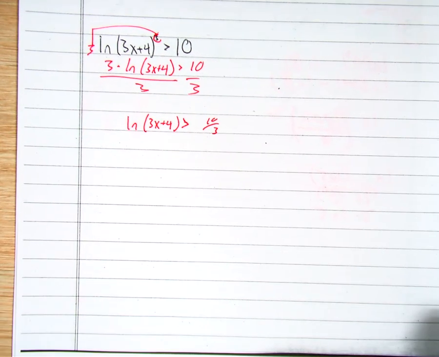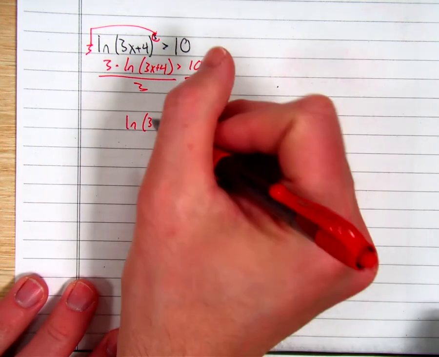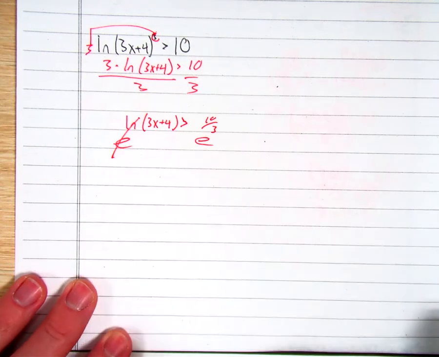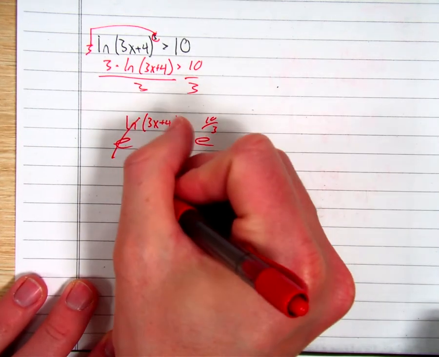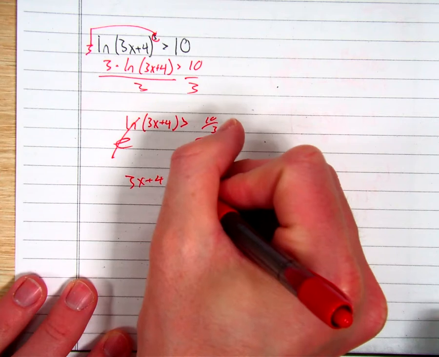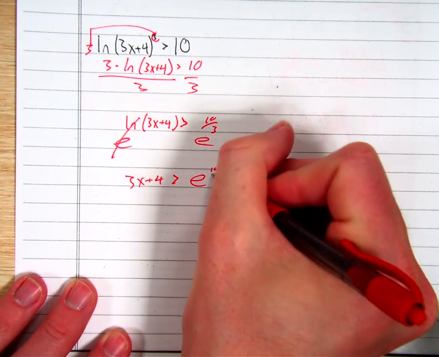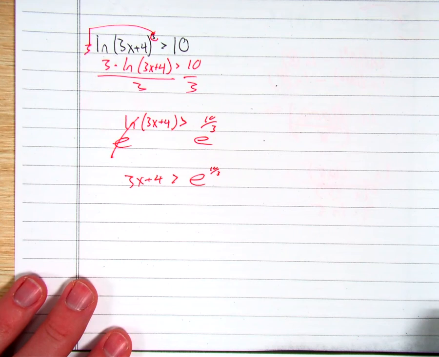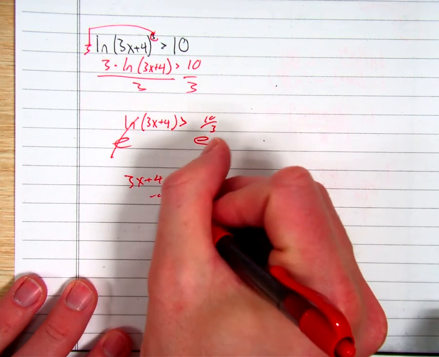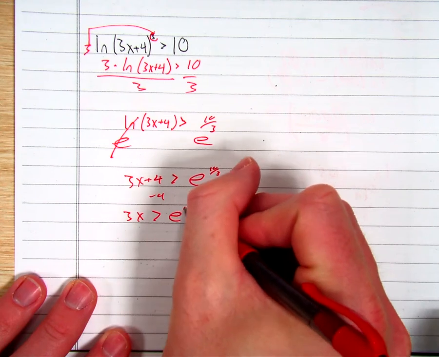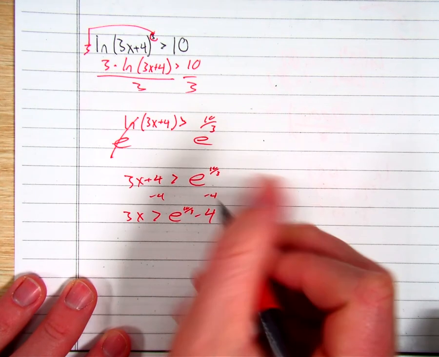Now I have the natural log part by itself, so I'm going to raise each part up as a power of e. e and natural log cancel out. 3x plus 4 falls to the bottom. e to the 10/3 power. Then we're going to minus 4 and divide by 3.